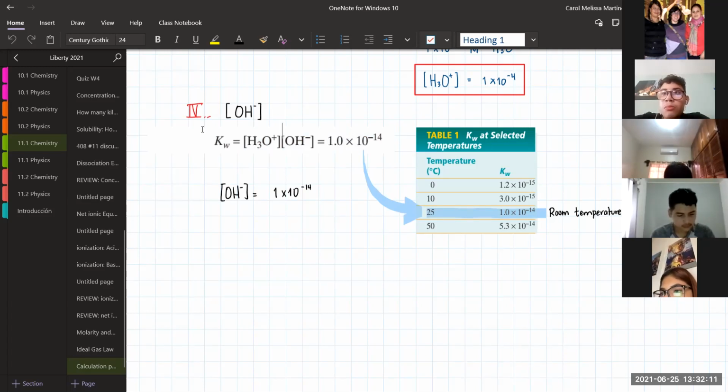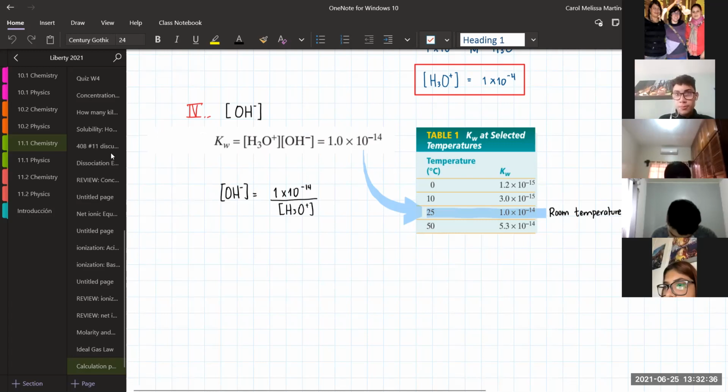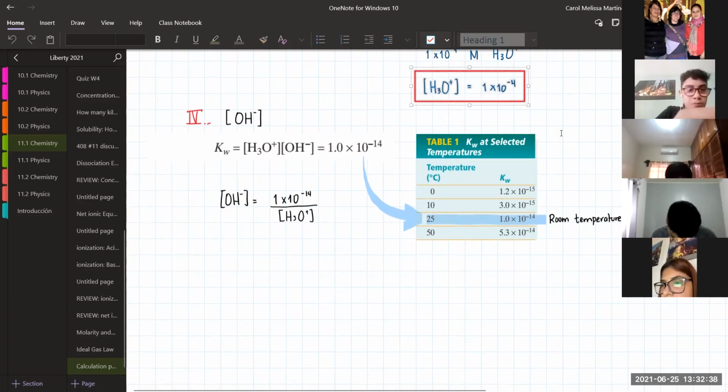Now, this is multiplying the OH, which means that when you send it to the other side of the equation, we'll be doing a division. So the formula for the hydroxide ion concentration is 1 times 10 to the negative 14 power divided by the concentration of hydronium ion. The concentration of hydronium ion is the one that we got in the step before, which is this one.